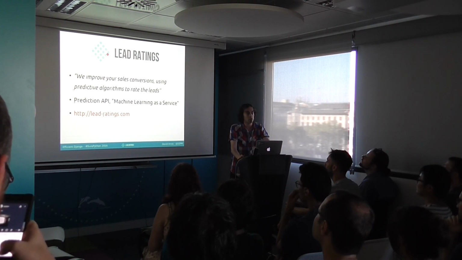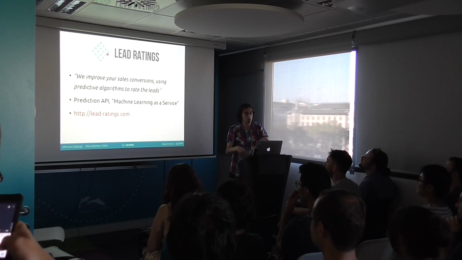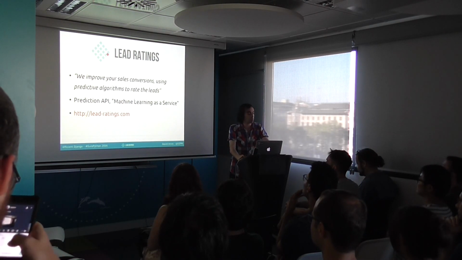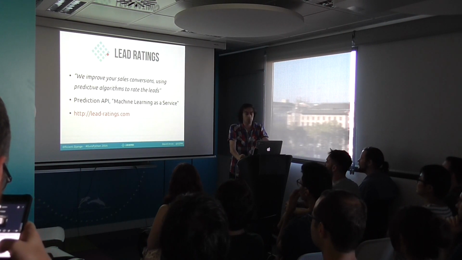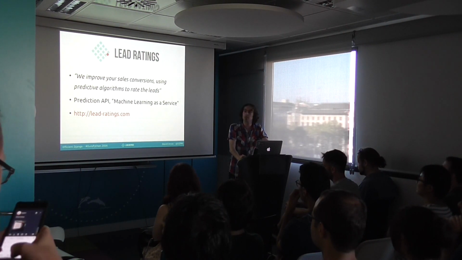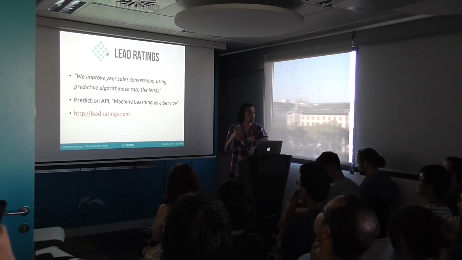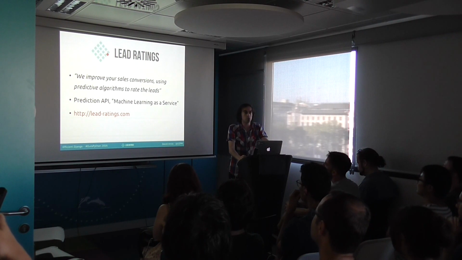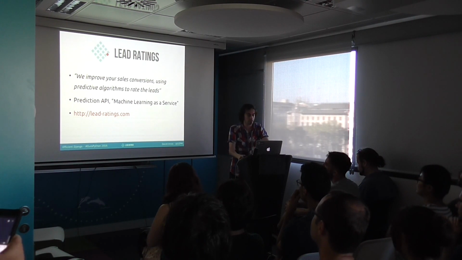So we have a prediction API, and we do machine learning to improve the sales conversions for many customers. So they send us sales leads, customer prospects, and we can evaluate them. We can predict the possibility of conversion, sales, whatever. This is the company, very nice.